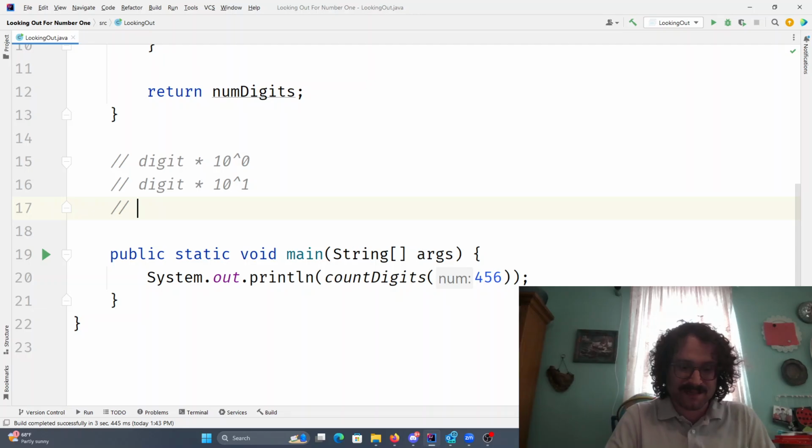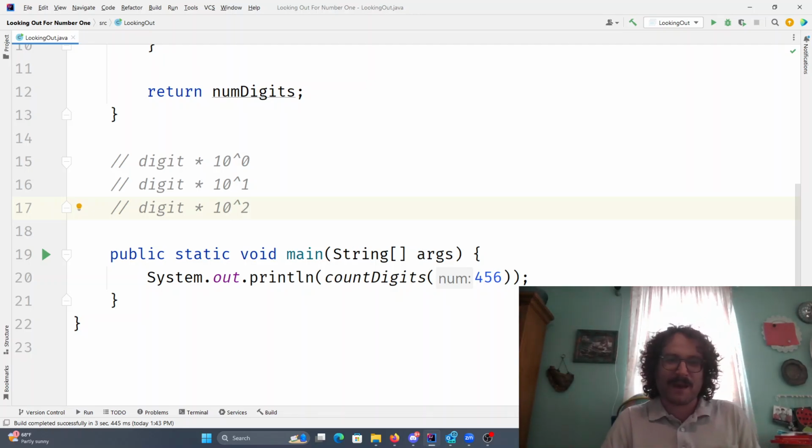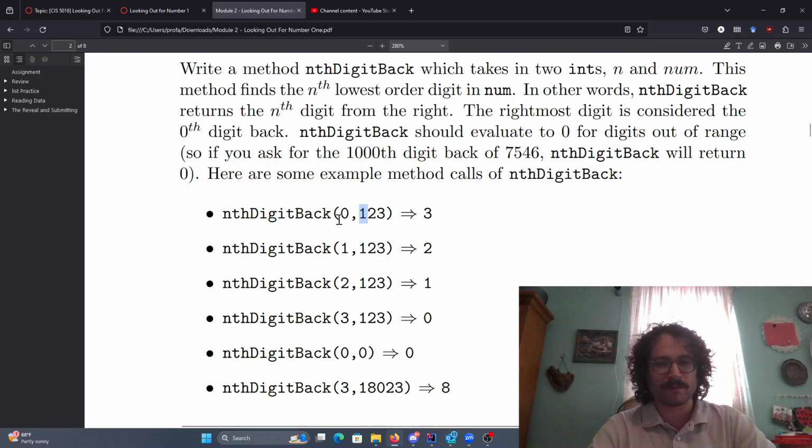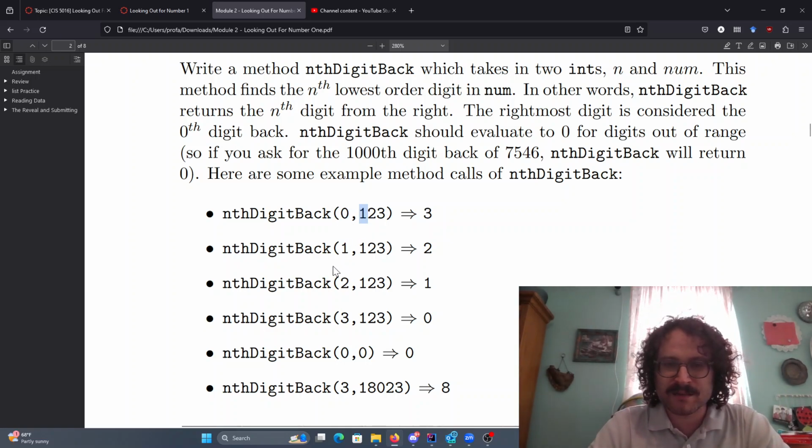And this digit over here is 10 to the second power. So the hundreds place is 10 to the second power, the tens is 10 to the first power, the ones is 10 to the 0th power. Pretty cool. All right. And where does that 3 come in?